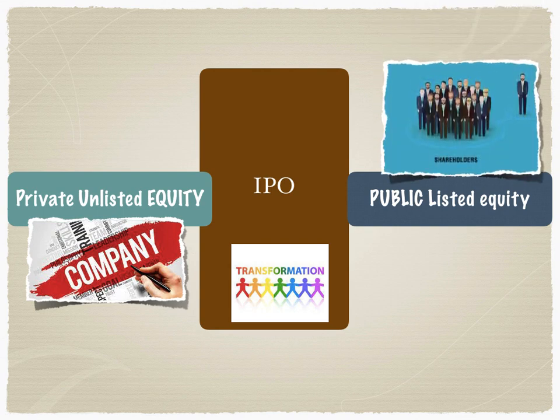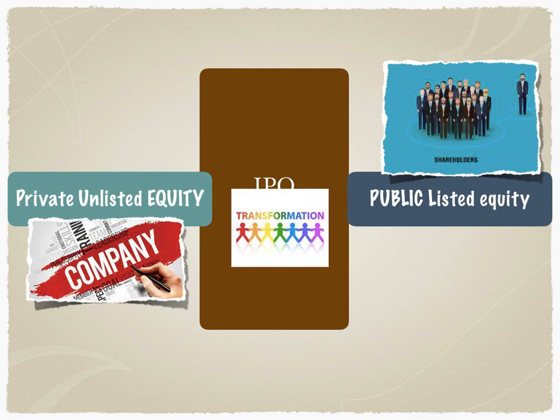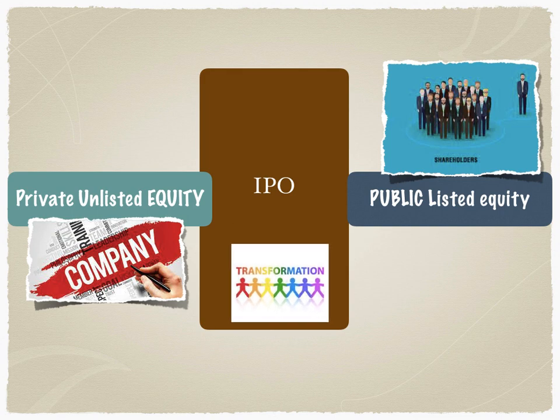The shareholding is distributed amongst a large number of investors, and the shareholders now want to participate in the shares of the company. This transformation is an extremely important event in the life of a company and perhaps the most important event in the life of a listed company. That is a transformation from a private unlisted company to a public listed company.